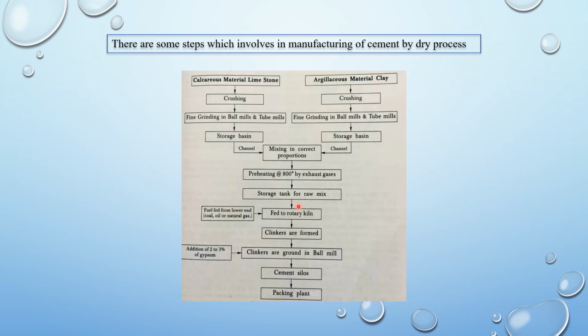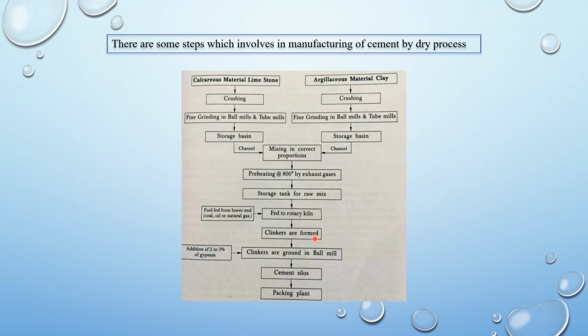In the rotary kiln, the fuel is fed from the base of the kiln, where it is heated and then converted into clinker. Here, after the heating, that raw material is converted into the clinker. Now, that clinker is ground with a percentage of gypsum, like 2 to 3%.